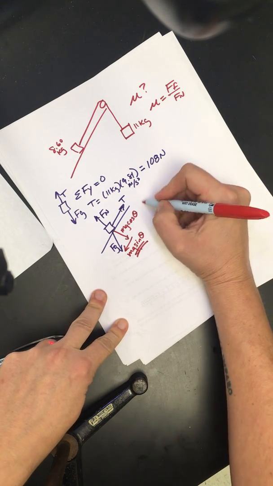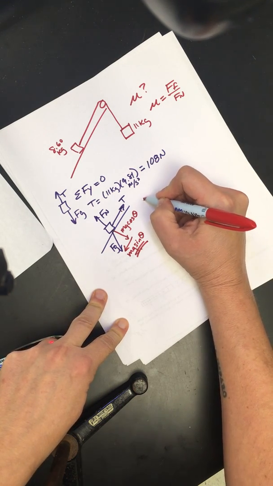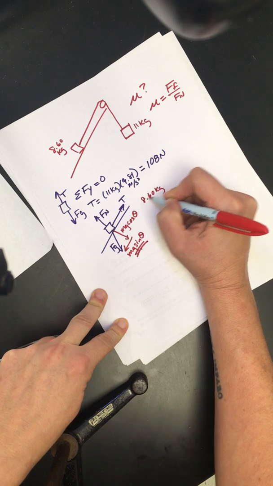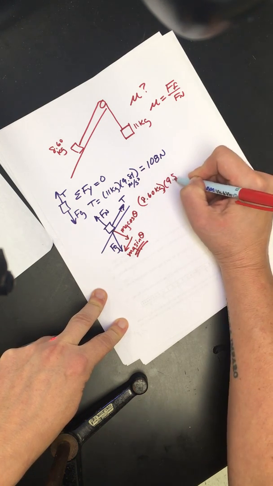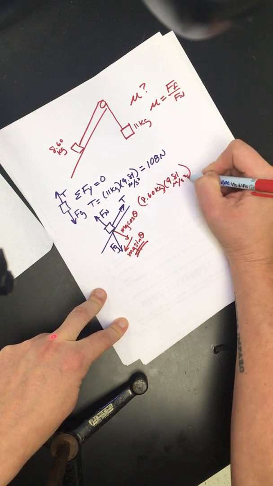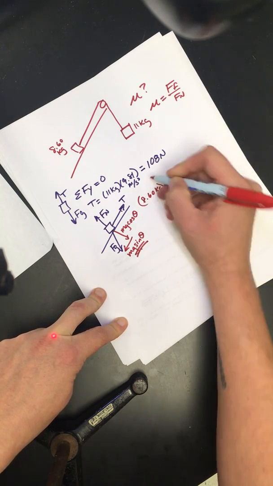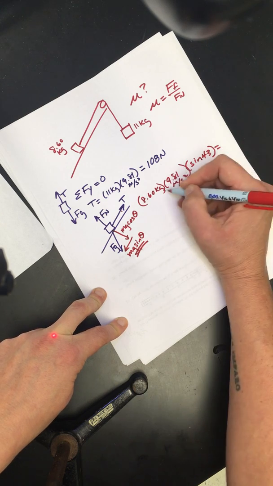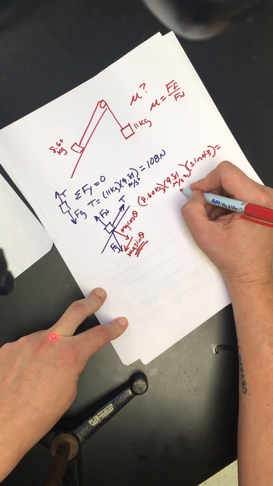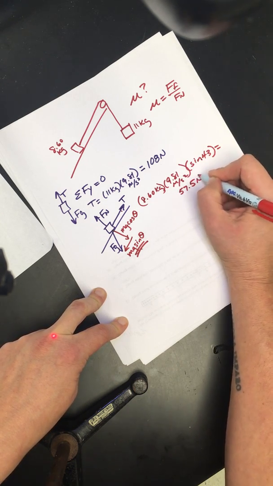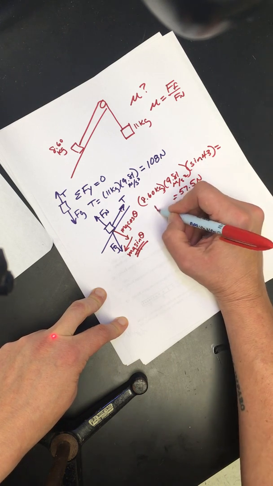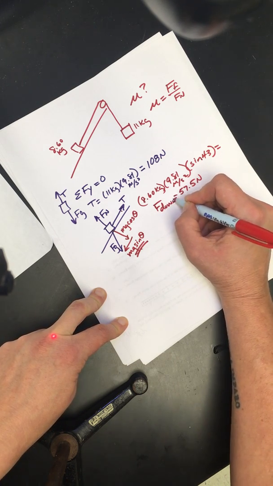Okay, so mg sine of theta, so that's 8.60 kilograms, 9.81 meters per second squared, sine of 43 degrees, which is given to me in the problem. When I do that, I get 57.5 newtons. So this is really the force trying to go down the hill.